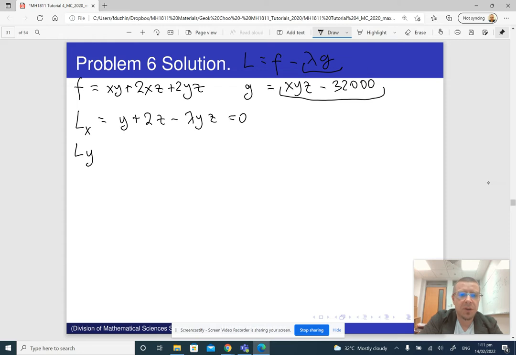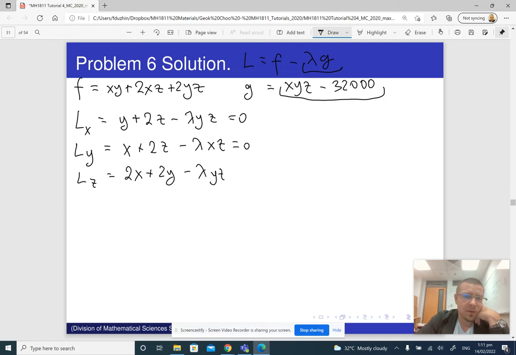The partial derivative of the Lagrange function with respect to y is x plus 2z minus lambda xz, which should also be 0. Then the partial derivative of L with respect to z is 2x plus 2y minus lambda xy, which should be 0. And the partial derivative of the Lagrange function with respect to lambda is minus xyz minus 32,000, which should also be equal to 0.